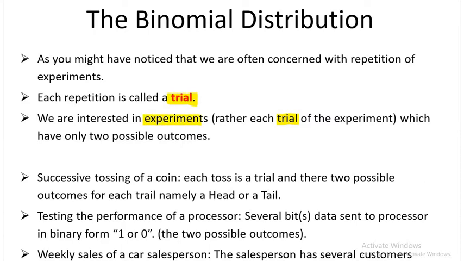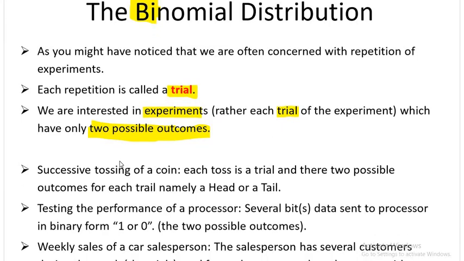Now we are interested in those experiments which have only two possible outcomes. So one trial has two possible outcomes. That's why we call it binomial. You see, bi is for two, right? So each trial of an experiment has only two possible outcomes.